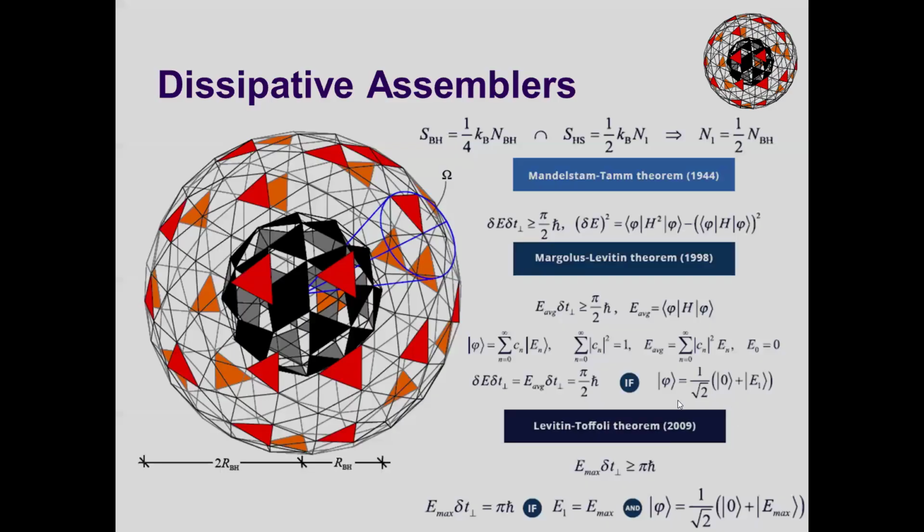This is the result of the fact that the average energy of the system must be larger than maximum energy divided by 4 and lower than maximum energy divided by 2.